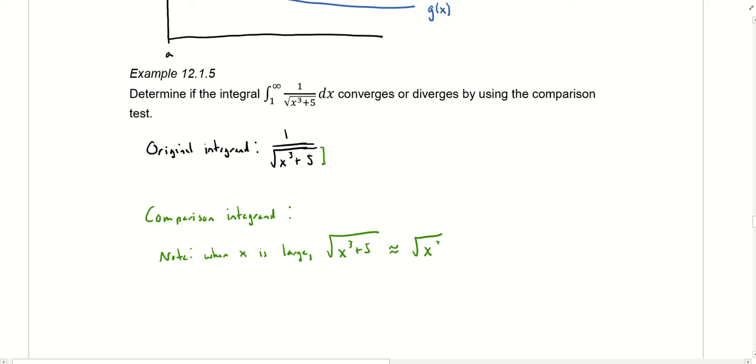Because as x gets bigger and bigger and bigger, which is fine to consider because we're looking at the integral from 1 to infinity, this square root of x cubed plus 5 is going to behave very similar to the square root of x cubed, which, to put it in terms of exponents, is the same thing as x to the 3/2.